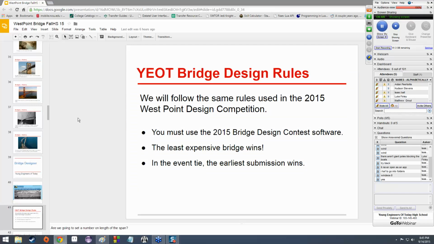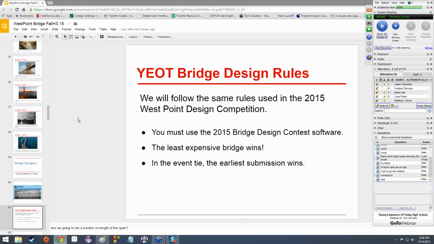Basically, as it stands, you have to use the 2015 Bridge Design Contest software, which shouldn't be an issue, considering you have either downloaded it or are downloading and installing it now. And the least expensive bridge wins. So basically, you build a cheap bridge that works, and we'll go more into what works exactly means.